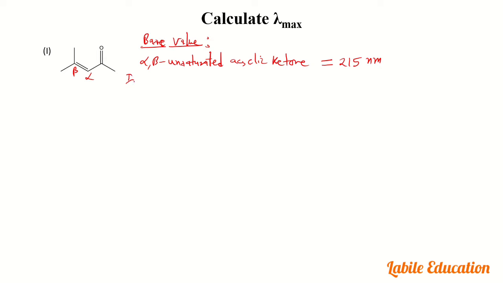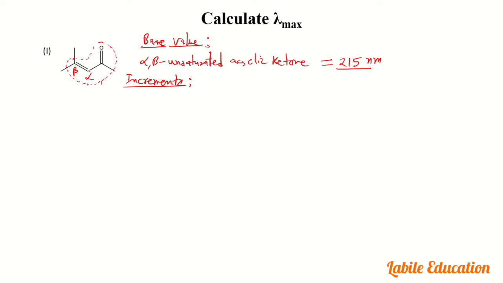Now we will add increments. First of all, we will mark this conjugated system here. This is part of a ketone because this is an alkyl group. If this were hydrogen instead of alkyl, that would be an aldehyde group. So this alkyl group is part of the ketone, and its value is included in the base value.